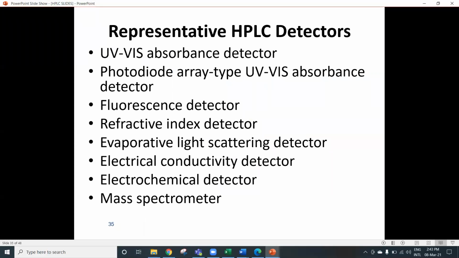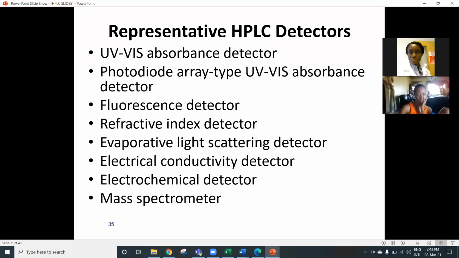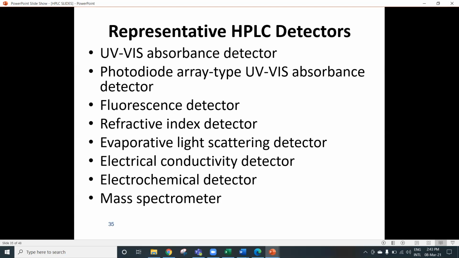So talking about detectors, we have different types of detectors, just like we have different types of detectors for GC. The most common one is the UV visible absorbance detector, which works on the principle of absorbance of intensity of light, and whatever is refracted is now seen as a chromatogram.